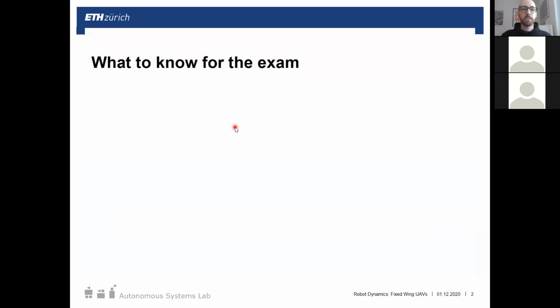So let's quickly go through the outline for what to know for the exam from the lecture. First thing, probably one of the most important, is what are the aerodynamic forces and moments? So the names, lift, drag, pitching moment, yawing moment, all of these that were in the last lecture, they're very important.